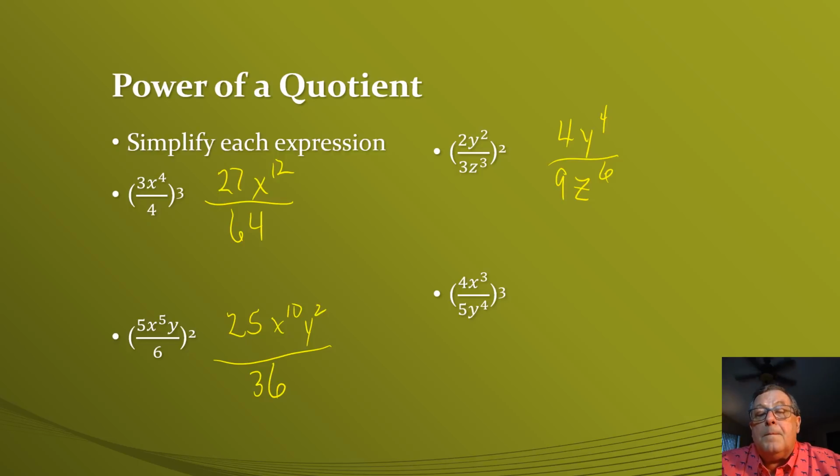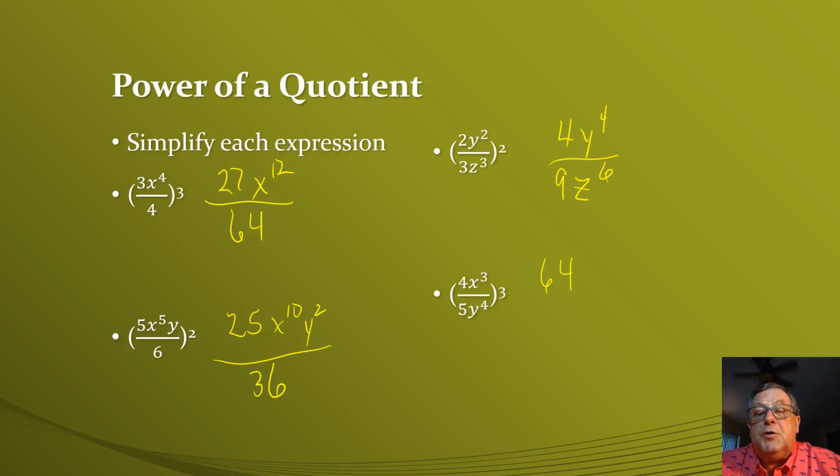All right, one more. 4x cubed over 5y to the 4th, and all of that is cubed. Well, let's see, 4 cubed, and we went through that before. 4 times 4 times 4, 4 times 4 is 16, times 4 is 64.